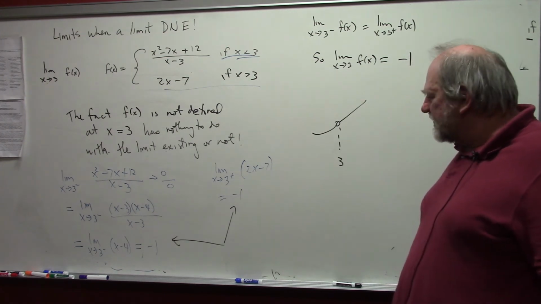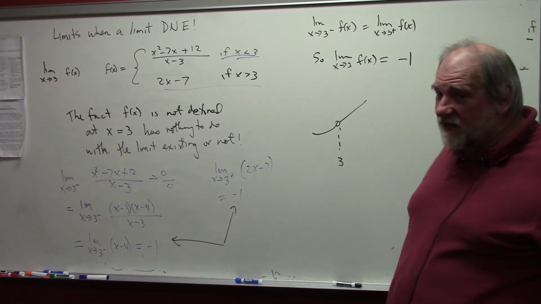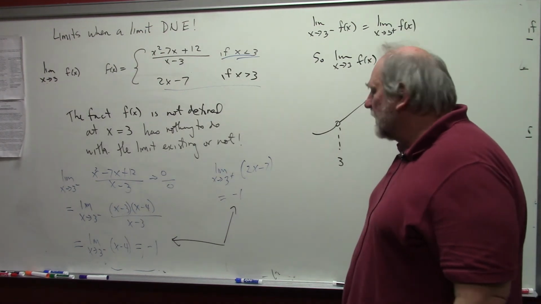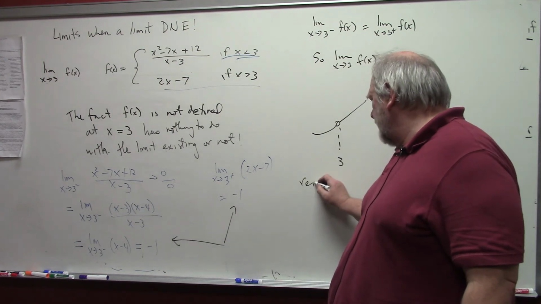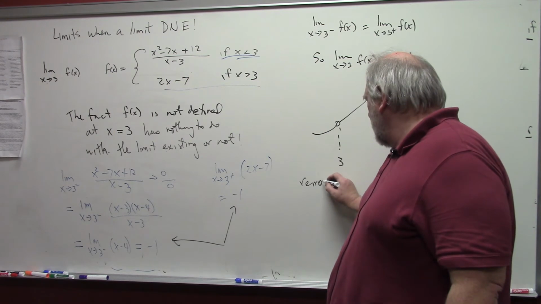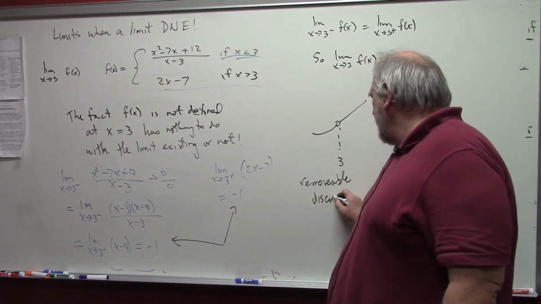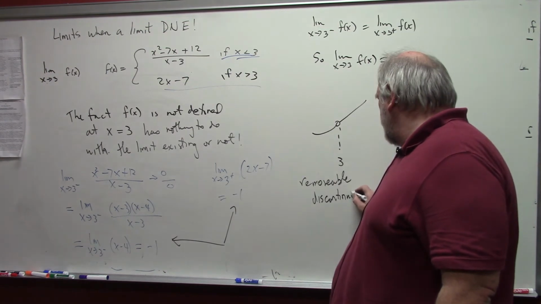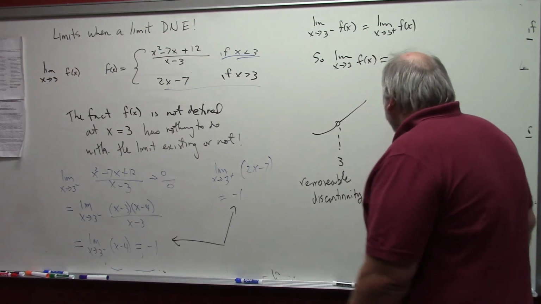There's a hole at x equals 3 because the function isn't defined at x equals 3, and this is actually going to be called a removable discontinuity. Again, we'll talk about that later, but I might as well introduce the concept now. This has a removable discontinuity.